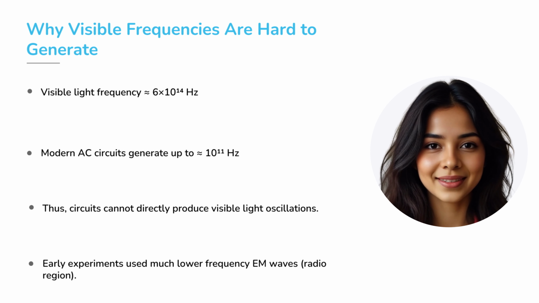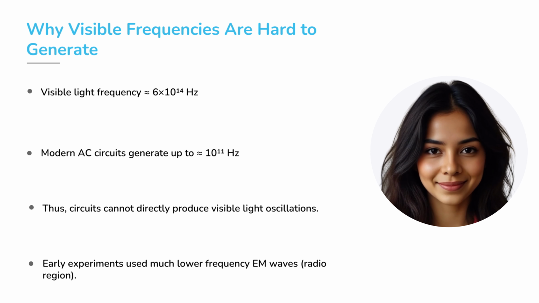So generating visible light directly from a circuit is practically impossible. That's why early experiments had to settle for much lower frequencies in the radio wave region. Sometimes physics reminds us that what seems simple in theory can be brutally hard in practice.